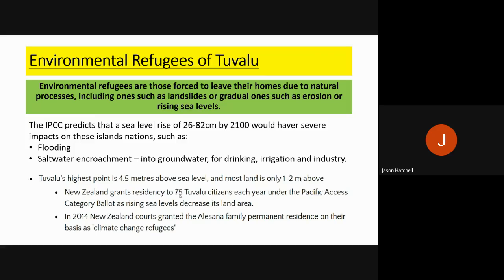So increasingly, island nations close by, like New Zealand, are helping the citizens of Tuvalu each year move out of the coastal areas of Tuvalu to New Zealand to safety, and these people are environmental refugees.